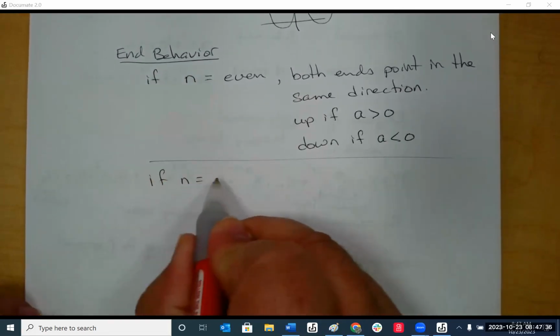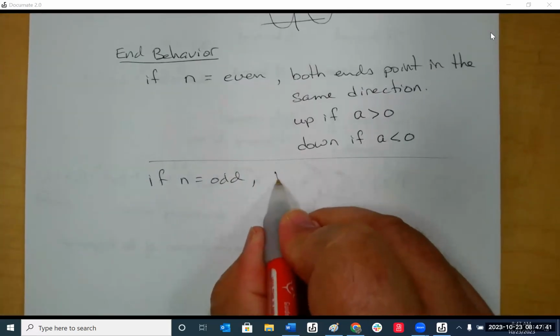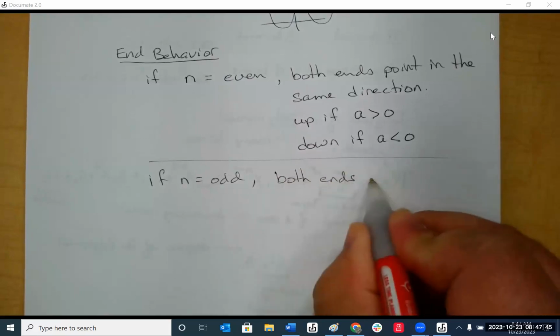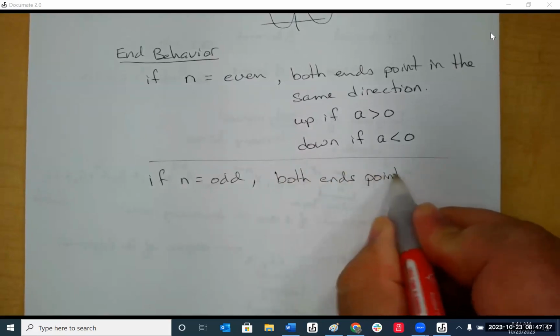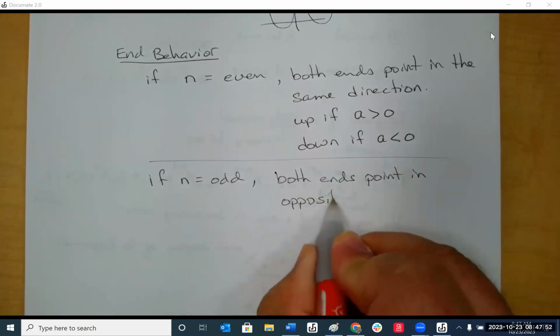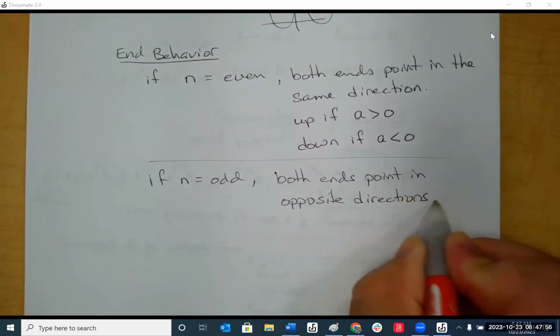If n is odd, both ends point in opposite directions.